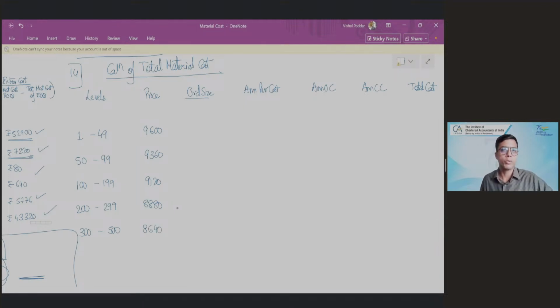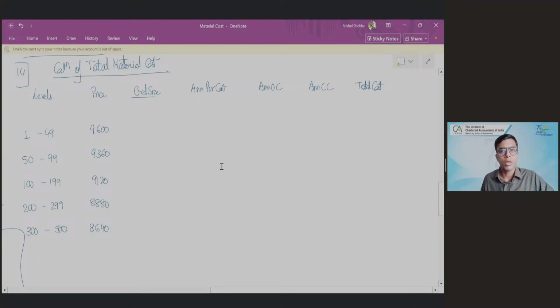Now comes the most interesting part. See, the remaining working is purely mechanical. We have done this in all questions till now. Around 10 questions we have solved. So now you know what these workings are. These workings are now already perfected by you. But interestingly, before I can do any of these workings, I need to know my order size. Why order size? Because my ordering cost and carrying cost both require order size in the formula.